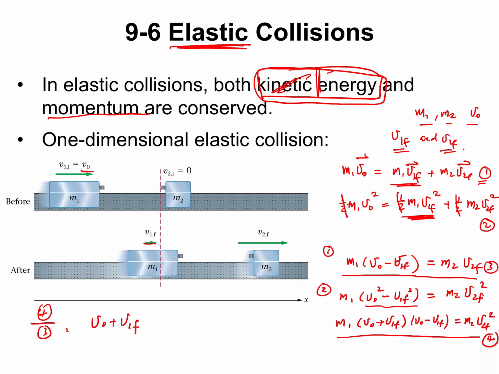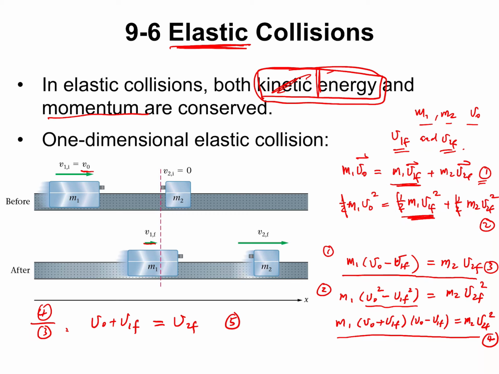On the right side, m2 cancels and one v2f cancels, so you have v2f. So this is equation 5.